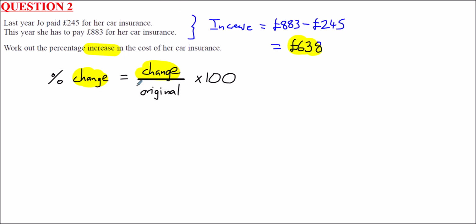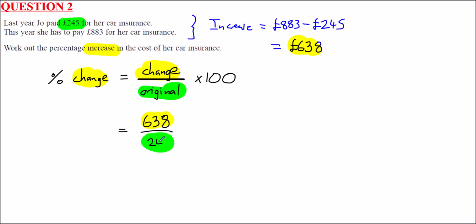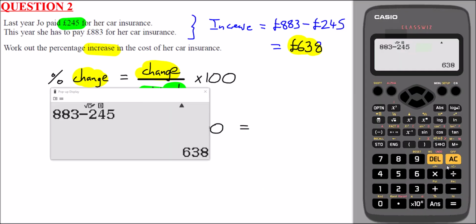So plugging this into our formula, the change is £638. The original cost of the car insurance, well, the original cost was £245. That was what it was before it increased. So the original is £245. We'll just simply take this fraction and multiply it by 100, and that'll tell us the percentage increase, which is what we wanted to work out all along.